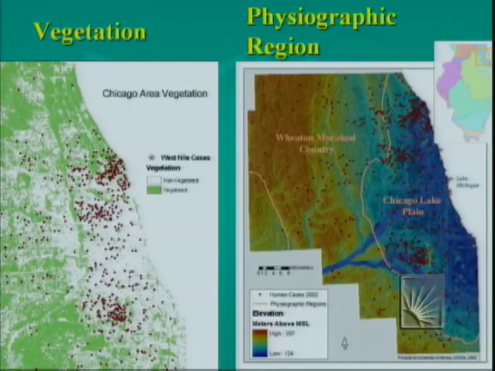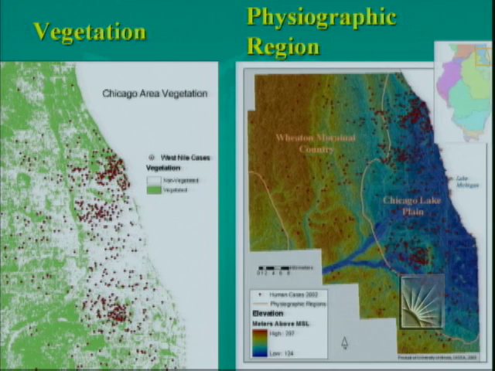So we were trying to relate the distribution of West Nile virus cases to a variety of risk factors. There are many collaborators, and I'll come to them at the end, but much of this work was led by Marilyn Ruiz, a medical geographer at the University of Illinois. So we tried to relate cases to vegetation, and like housing, the cases were concentrated in an area of intermediate amount of vegetation, intermediately green area.